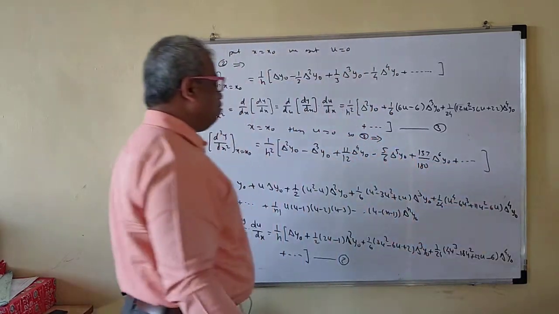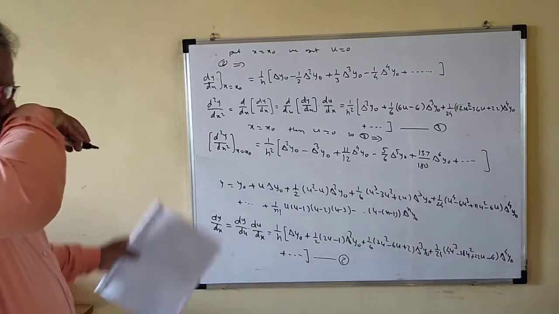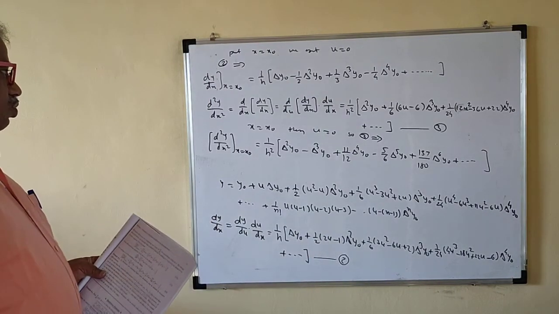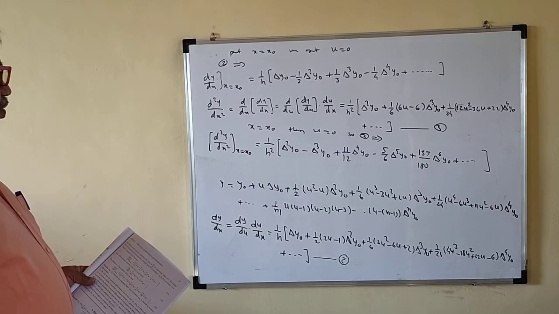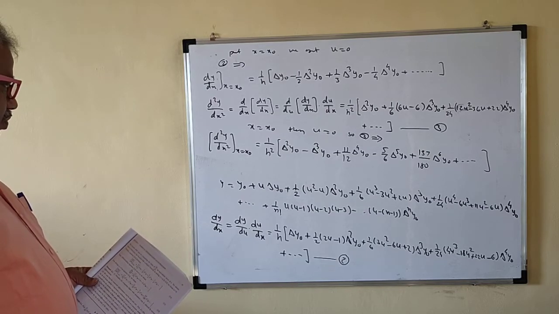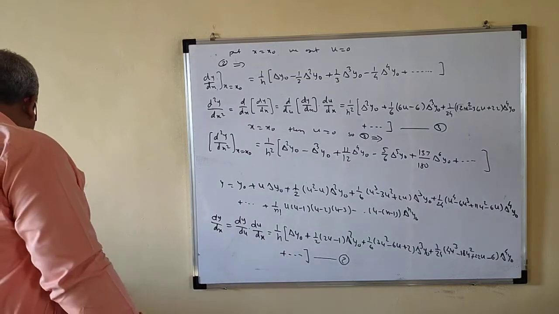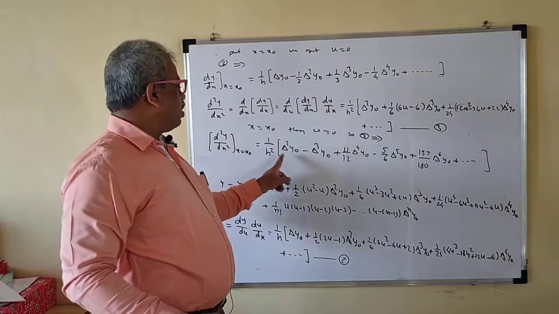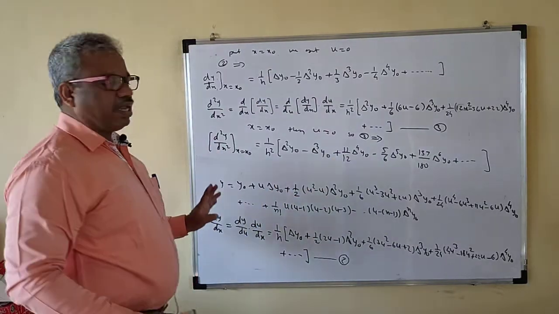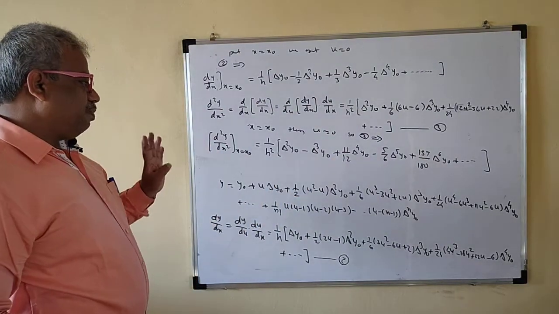For solving the problem we only want this. This is the formula to find the first derivative and the second derivative. Now remember this formula: 1 upon h this, and 1 upon h square this.